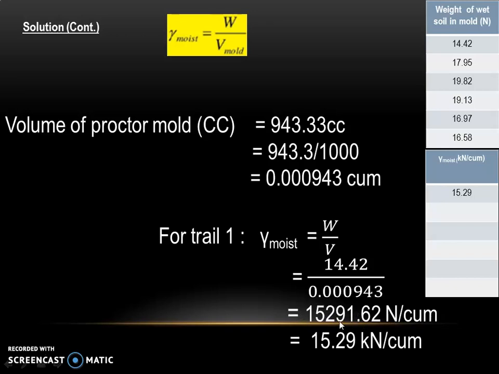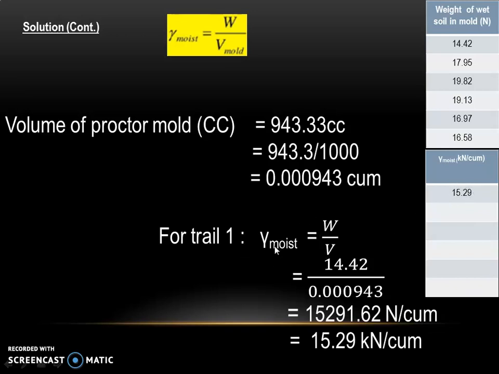It will be difficult for us to plot it on the y-axis, so we will convert it into kilonewton per cubic meter, and we get gamma moist as 15.29 kilonewton per cubic meter. So that is what is mentioned here in this column.